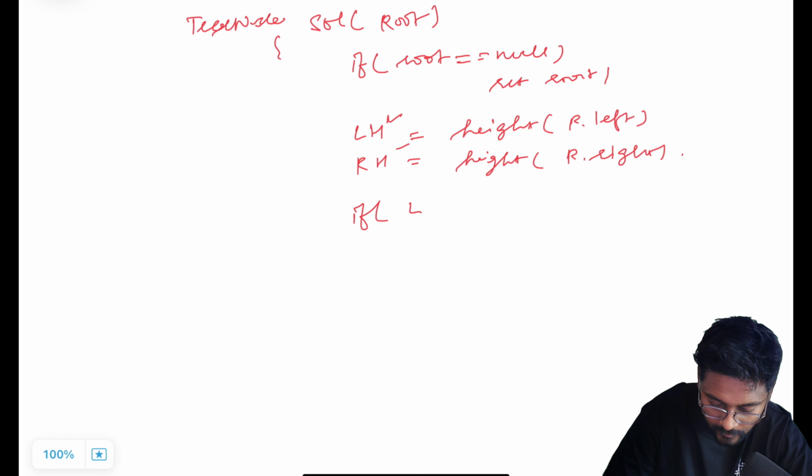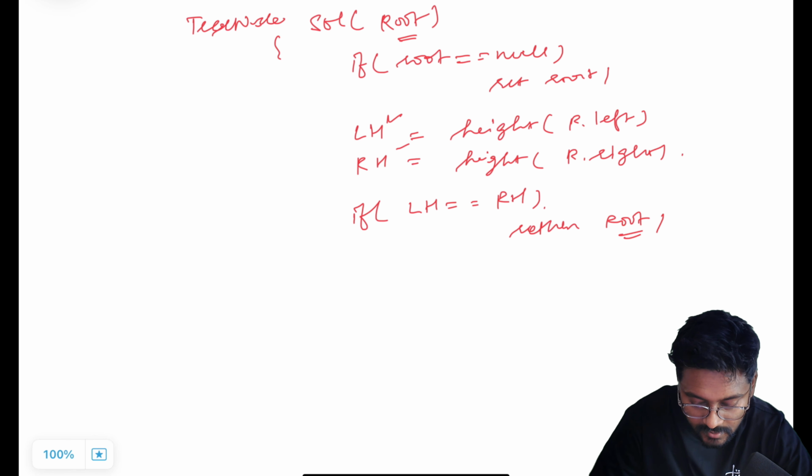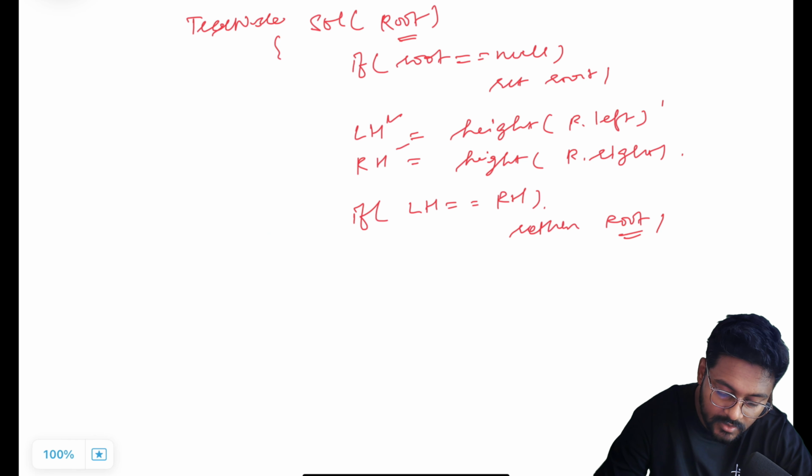If both the heights are the same, it means whatever is the current root, that is going to be my answer. Return root. Otherwise I need to make a nested call of the solution function.